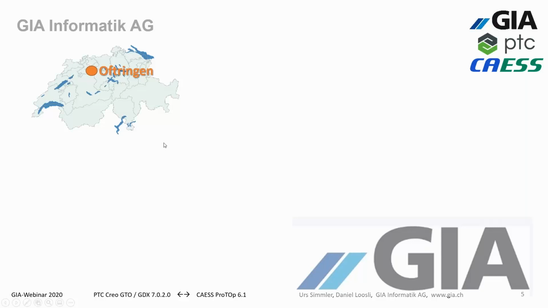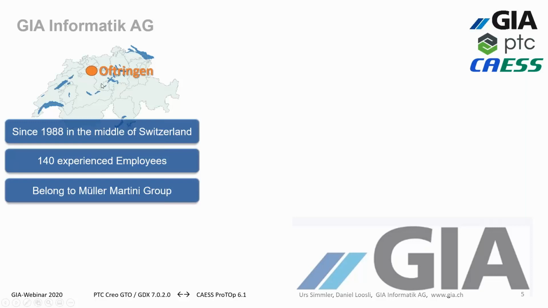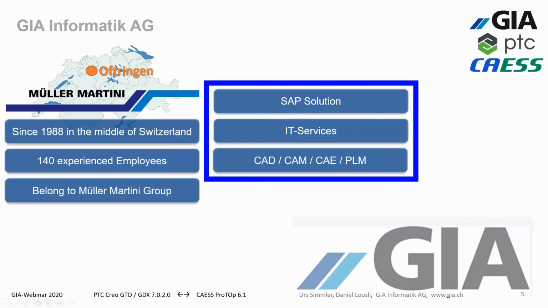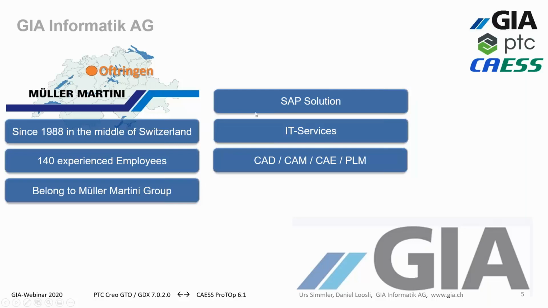Okay, some words about GIA Informatik. GIA Informatik is a reseller with about 140 employees. We belong to a bigger company called Müller-Martini Group, and we are located in the middle of Switzerland. We have three parts here.